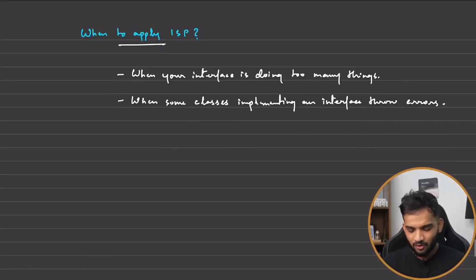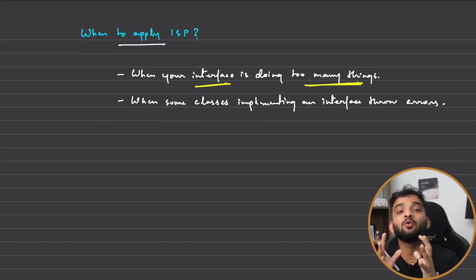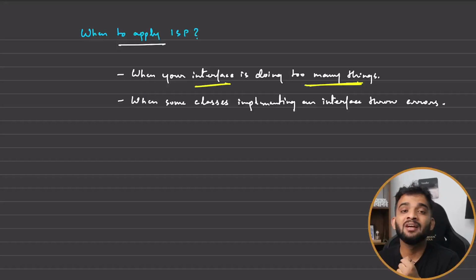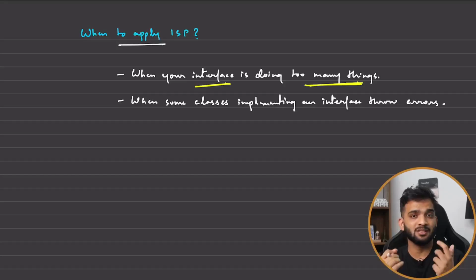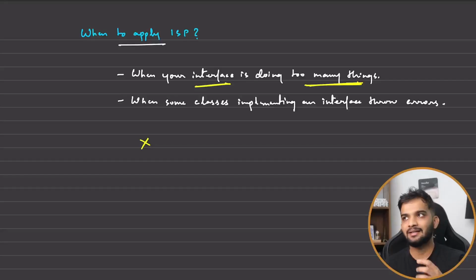Two points. Whenever your interface is doing too many things, if you feel that this particular interface is doing too many things, try to break it down into multiple interfaces, and then you can have the client implement multiple interfaces. What do I mean by that? Imagine you had an X interface, and that is getting bigger and bigger.